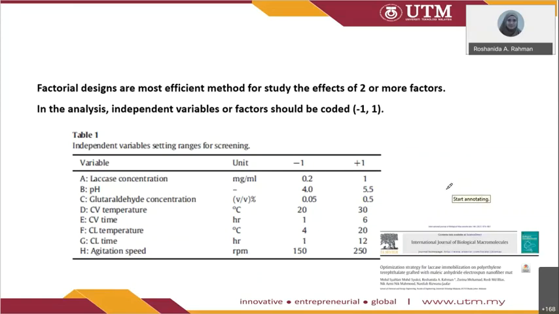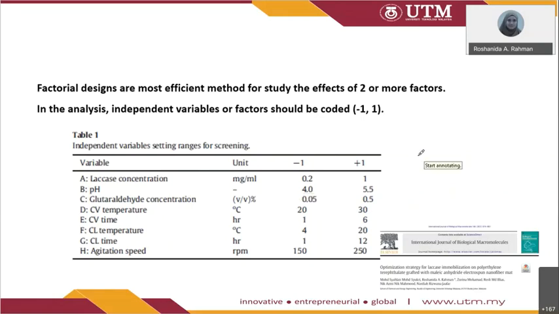You have to understand that first. That's why the choice of the factors and also the selection of the range are two extremely important parts in any screening and also optimization process. Please remember that all the time when you want to conduct a screening or optimization process.